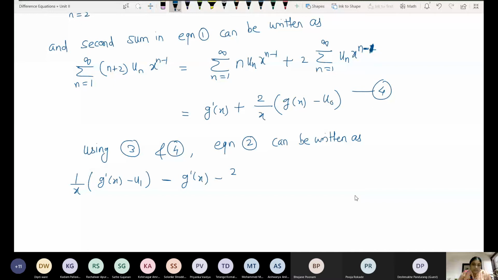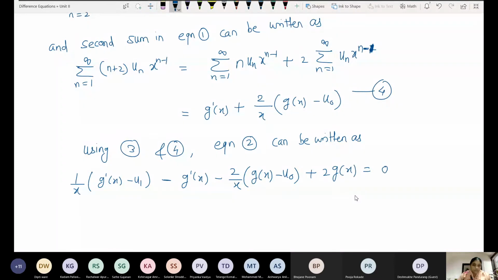So finally we have converted that equation in terms of the generating function g of x, g dash of x, and so on. So our differential equation has been converted into a differential equation in terms of the generating function.